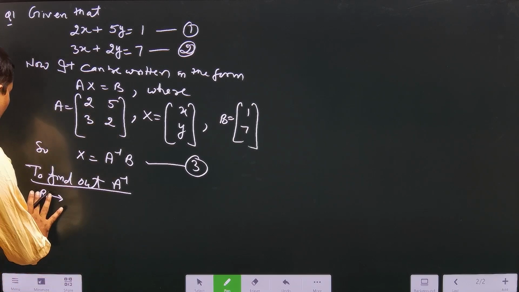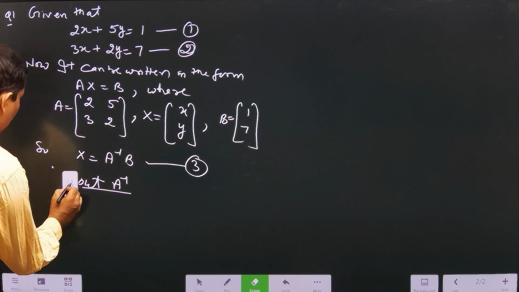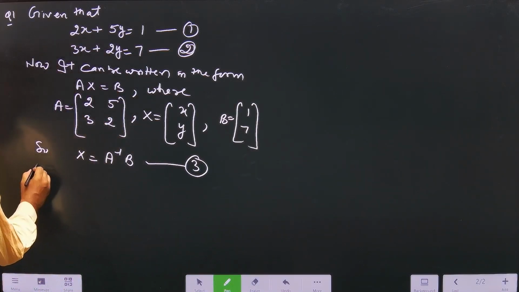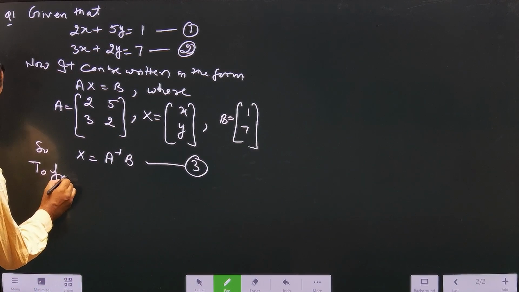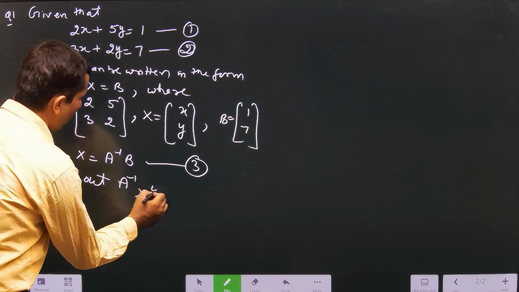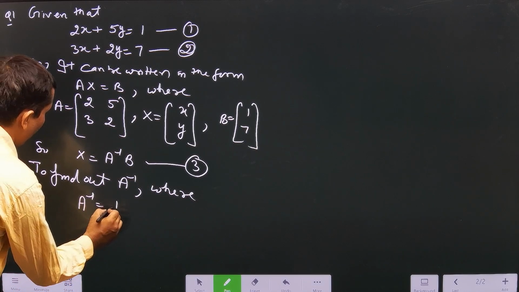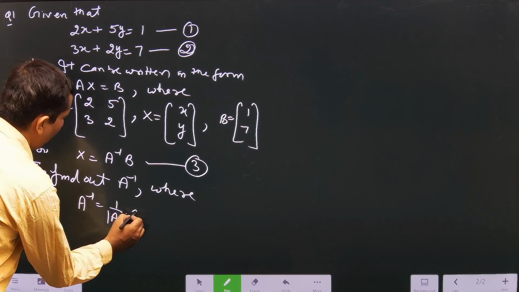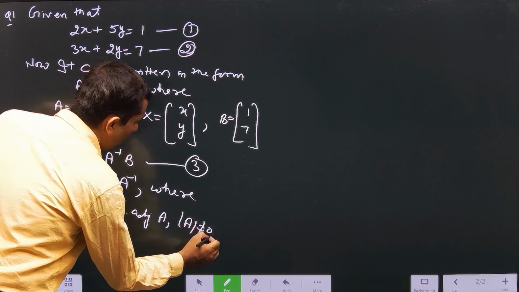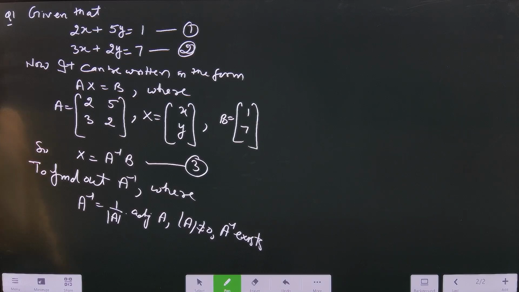To find A inverse, where A inverse is equal to 1 upon determinant A into adjoint A, if determinant of A is not equal to 0, then A inverse exists because it is a non-singular matrix.